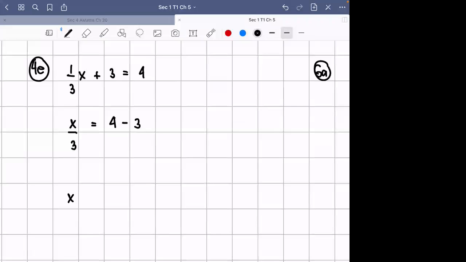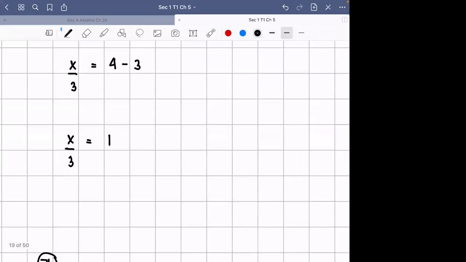So I got x over 3 equals 1. So if you cross multiply, x here is equal to 3. Okay, is that your answer? So your answer is 3.